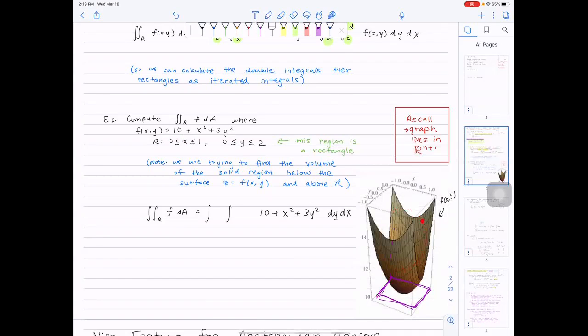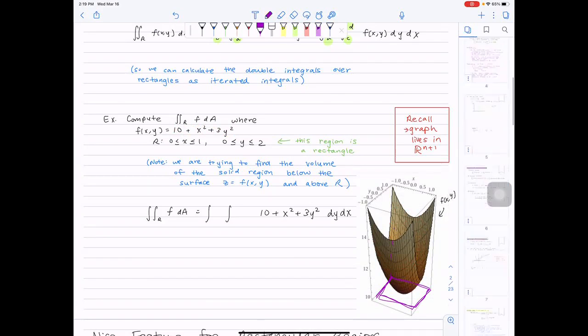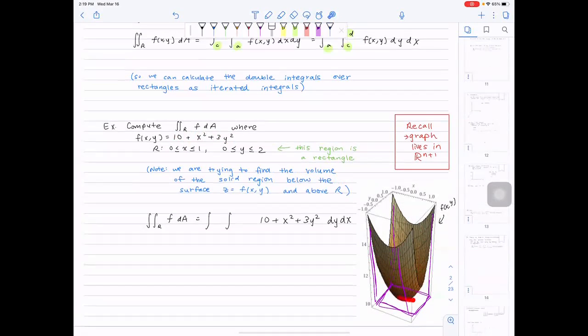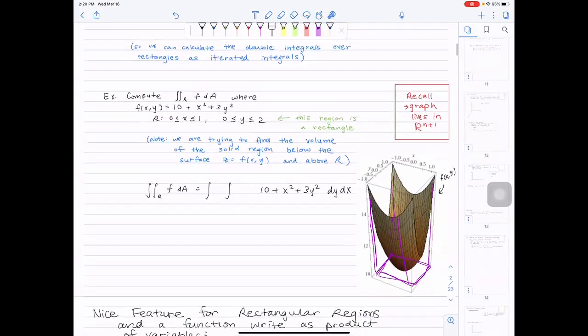And this is the picture of the graph of our function, by the way. You're imagining taking the volume of this shape. Then what do you do?